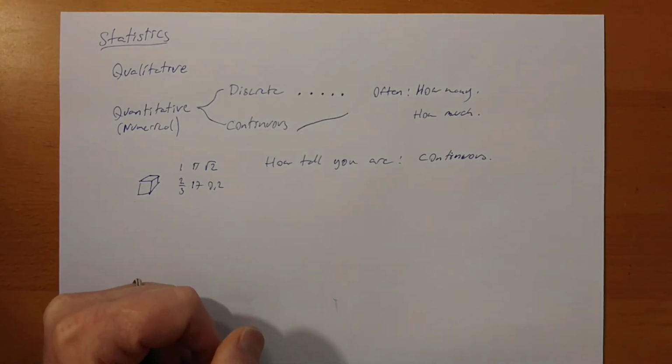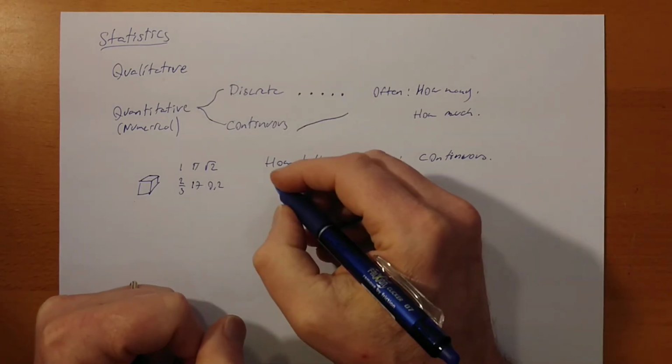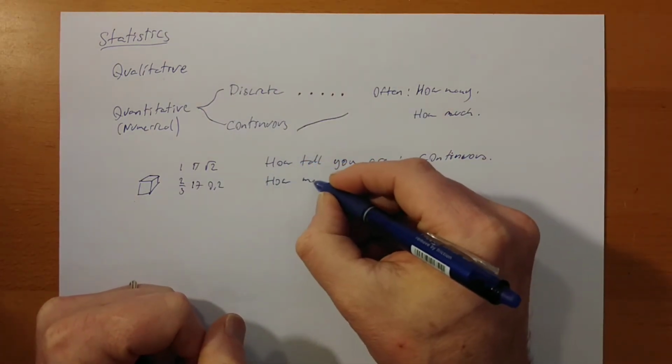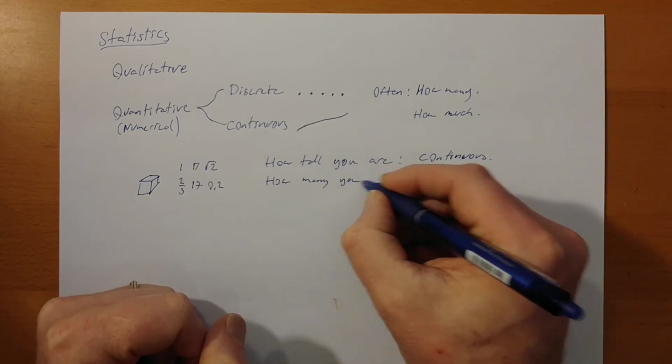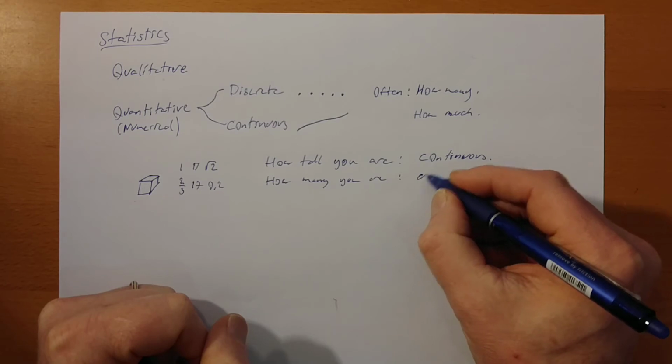You don't grow from 172 to 173 centimeters, bam, without going through the values in between. But say you are a bunch of siblings, and how many you are, that is discrete.